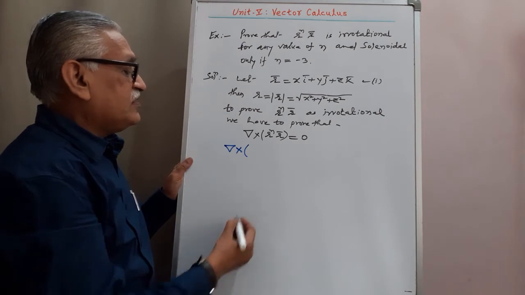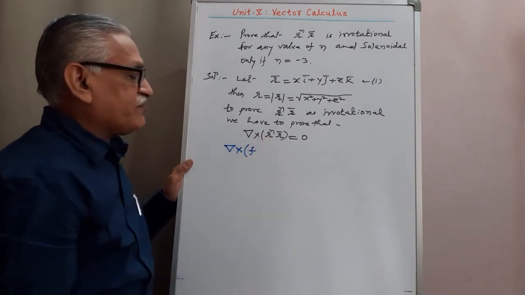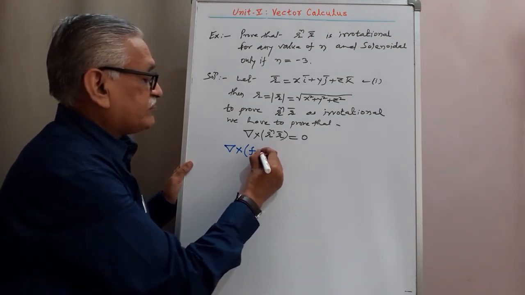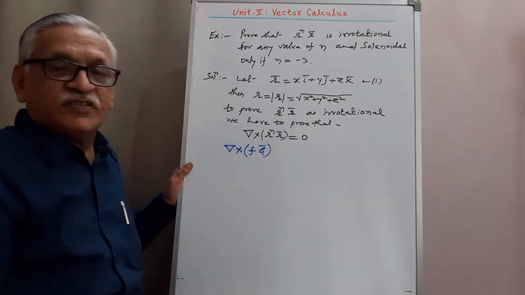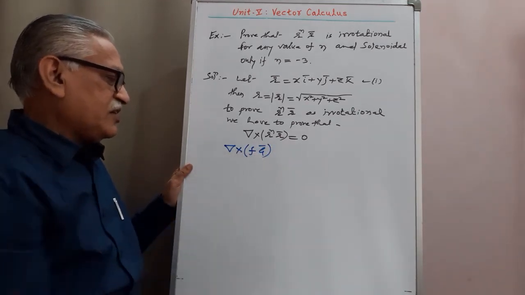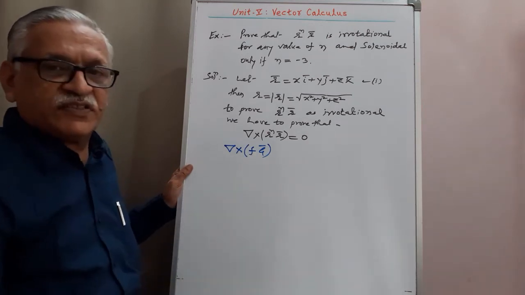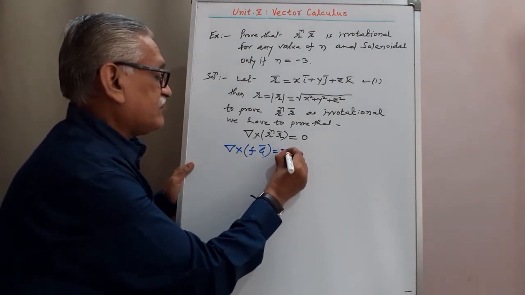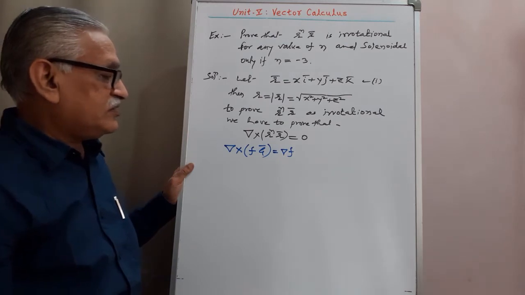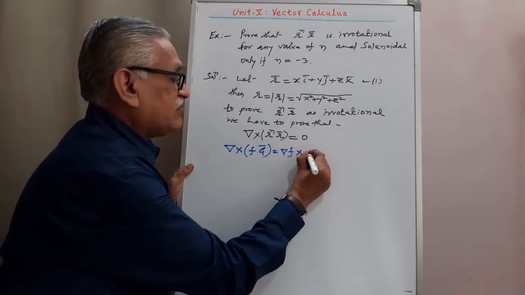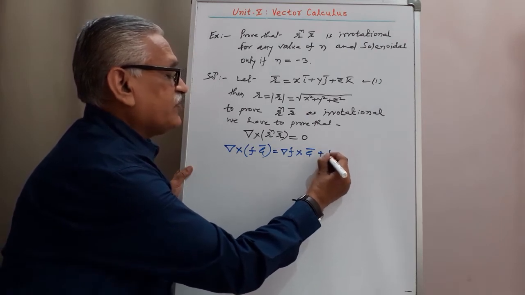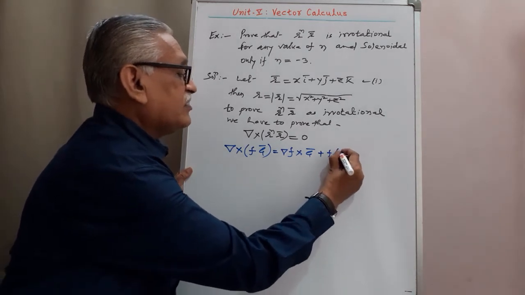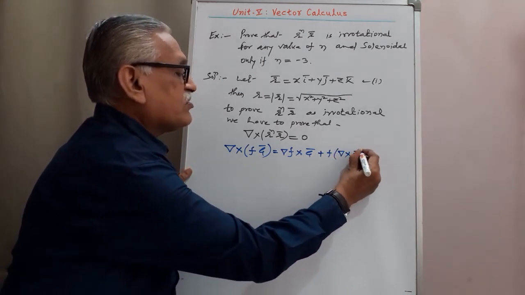first function is a scalar function, suppose small f, and second function is a vector function, suppose g bar. Then curl of this f g bar, where the first one is a scalar function and the second one is a vector function, is del f cross g bar plus second function f into derivative of second, it is del cross g bar.